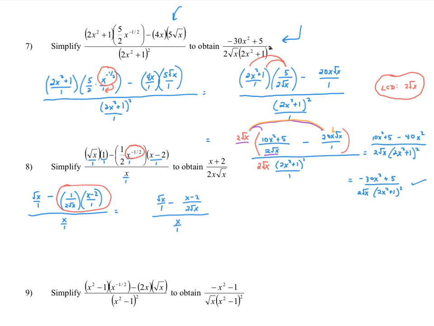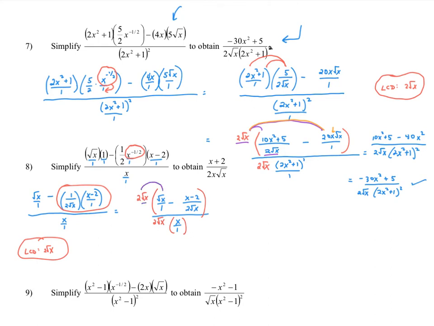Now we will get this. In order to simplify this complex fraction, multiply the numerator and the denominator by the least common denominator. So we will multiply the entire numerator by 2 root x, and we will multiply the denominator by 2 root x. Now we can distribute.